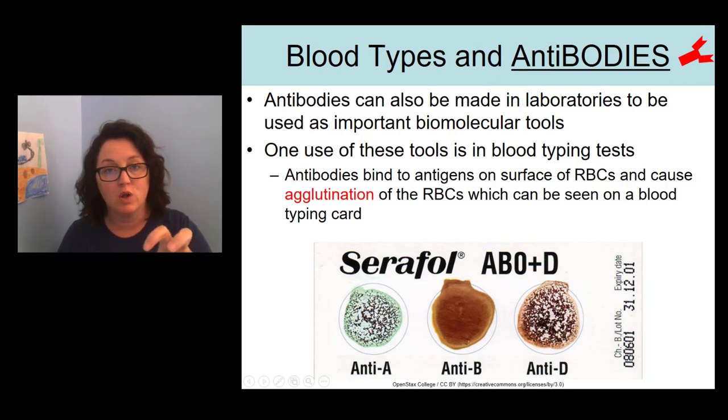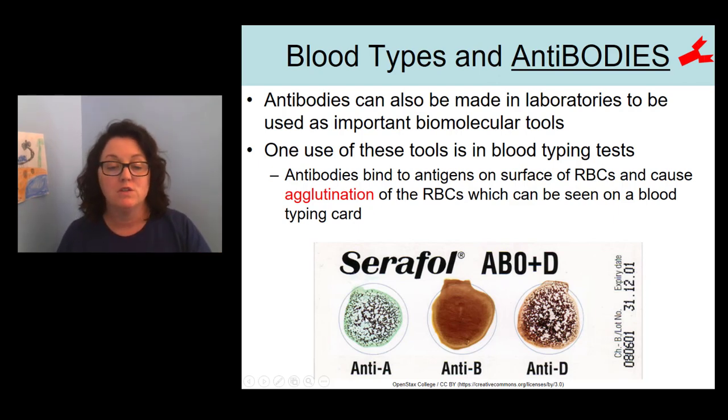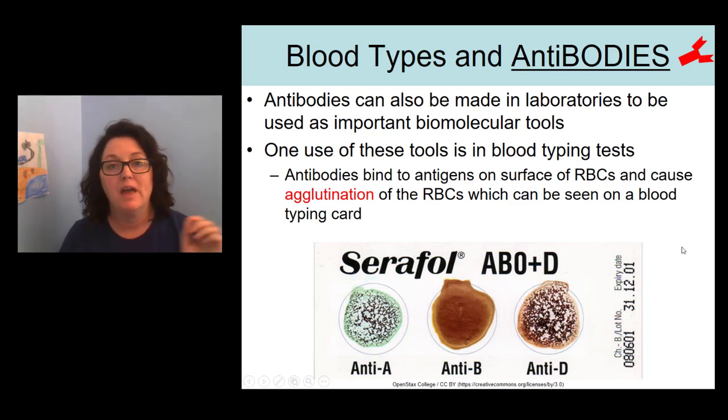The red blood cells are all clumped up because the antibody did have something to bind to. So that means the antigen is present, right? So the antibody A is bound to antigen A, causing agglutination. The anti-Rh antibody did bind to the Rh antigen, causing agglutination. So this person would have blood type A positive.